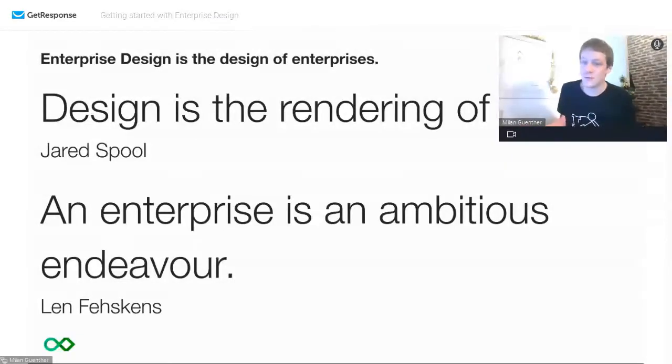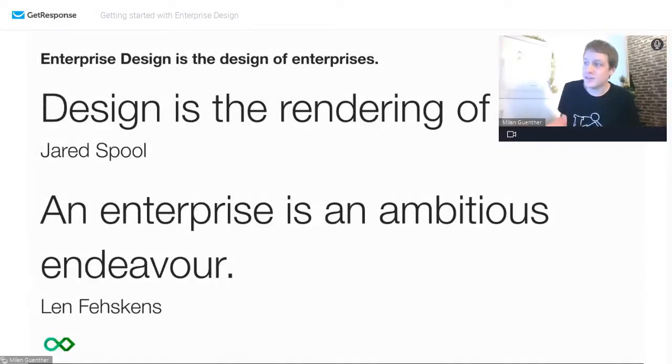Len Feskens, who was for a long time the chief editor of the Journal of Enterprise Architecture, says an enterprise is an ambitious endeavor. So it's not necessarily the company, the organization, the business, the legal entity. It is why these things exist. What do you want to achieve? What can you do, and what do you want to do?